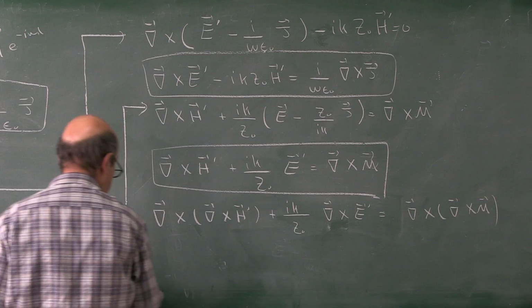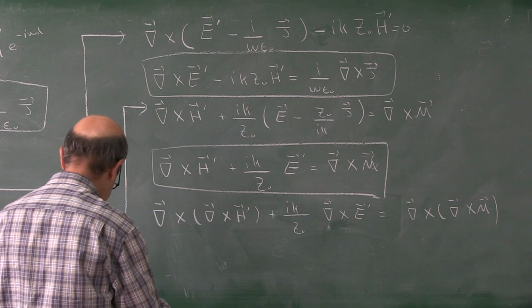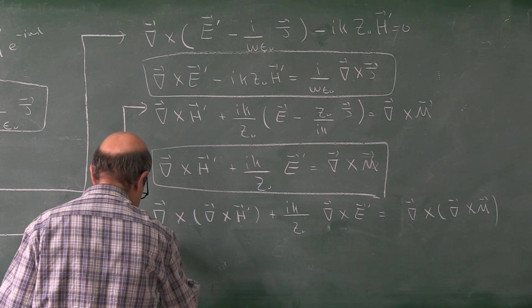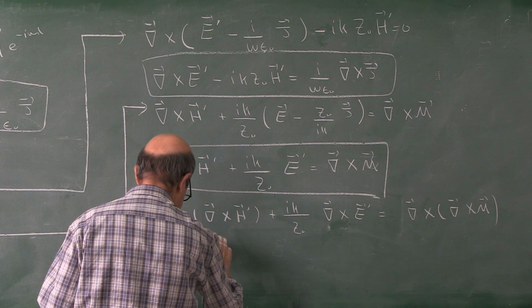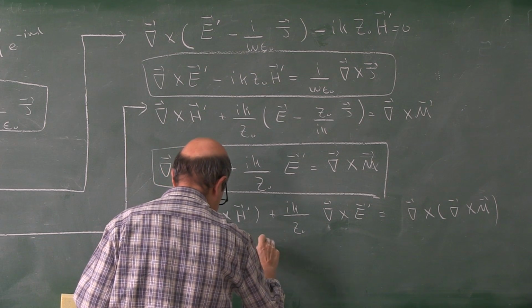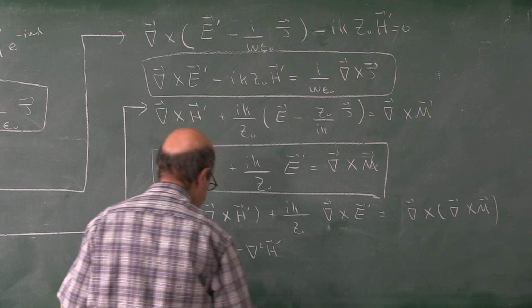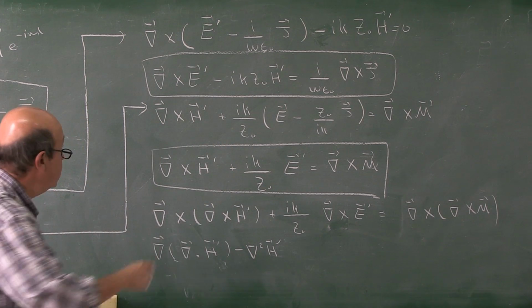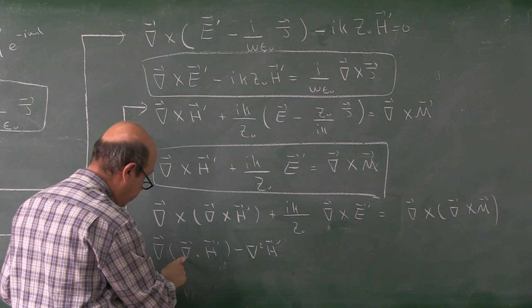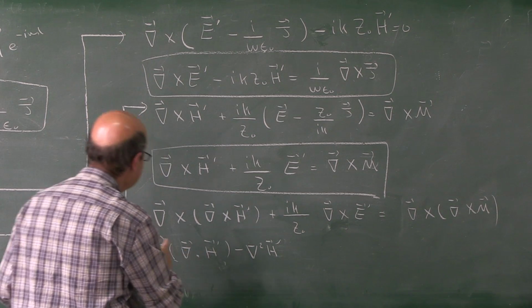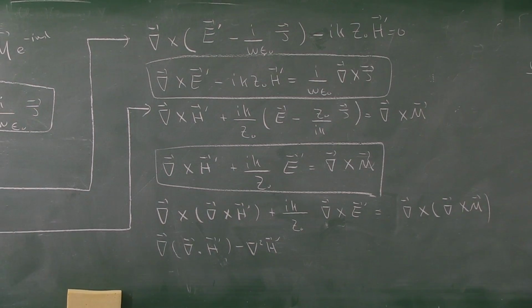So you know that the curl of curl of H operation is gradient of divergence of H prime minus Laplacian of H prime. If you take the curl of curl of E prime, what are you going to obtain? Gradient of divergence of E prime, and again that will be 0. Okay.